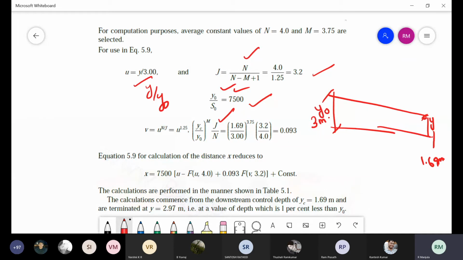So the flow is varying from 1.69 meter to 3 meter. You have to do the computations from 1.69 to 3 meter in the backward direction. That is what is shown in the table here.